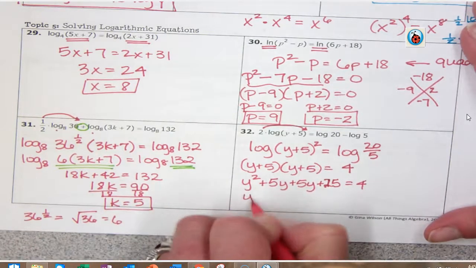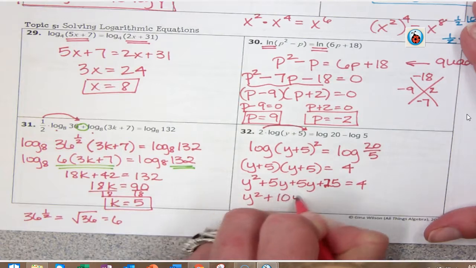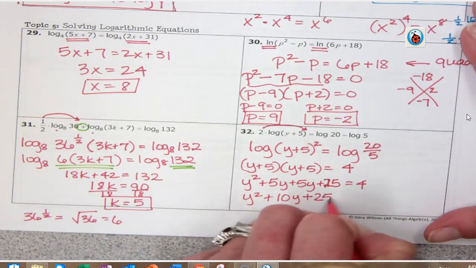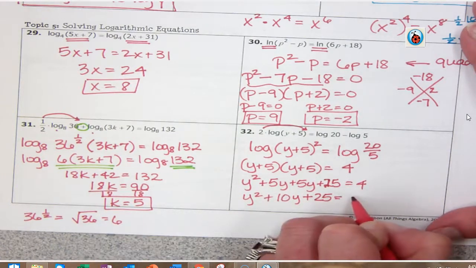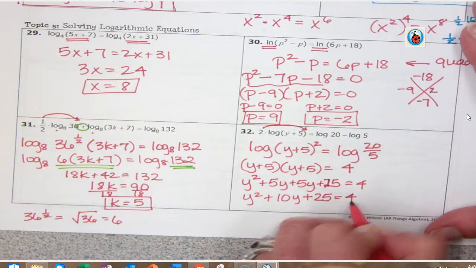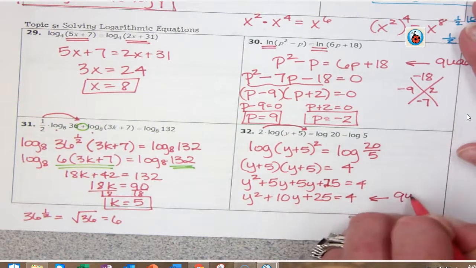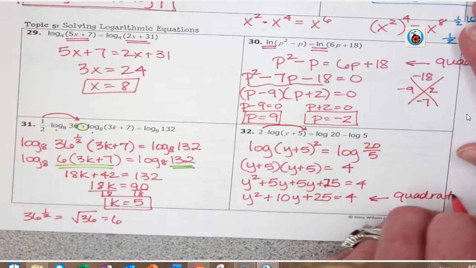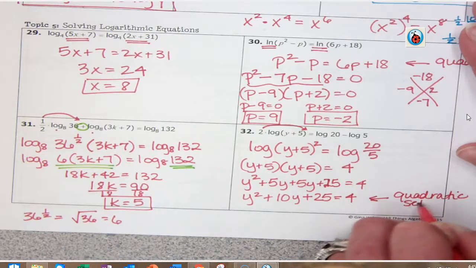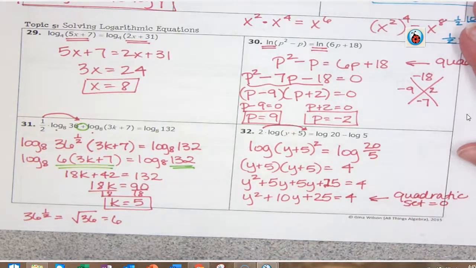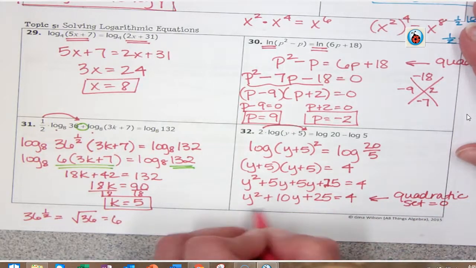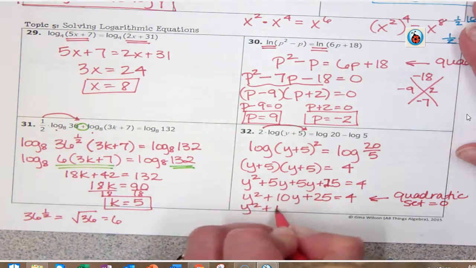Now you're going to get y squared plus 10y plus 25 equals 4. Subtract 4, because now I've got a quadratic that I need to set equal to 0. Subtract 4 from each side.